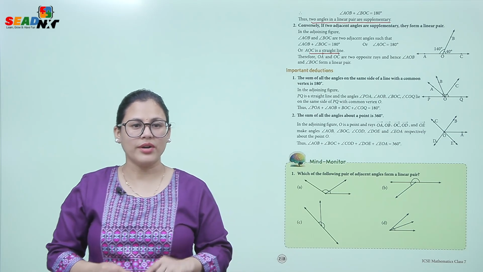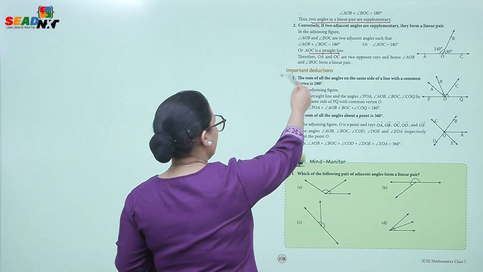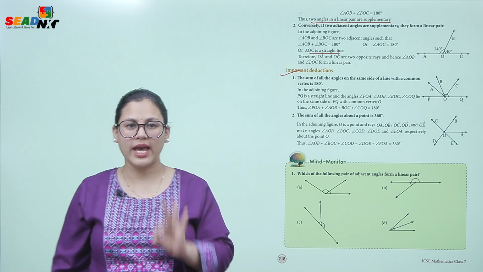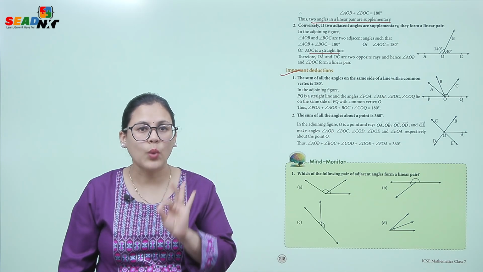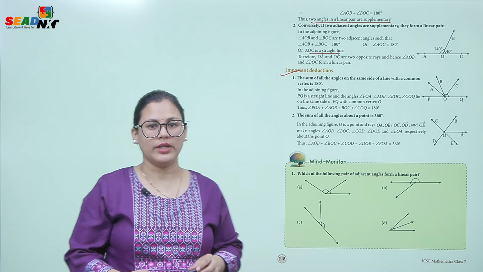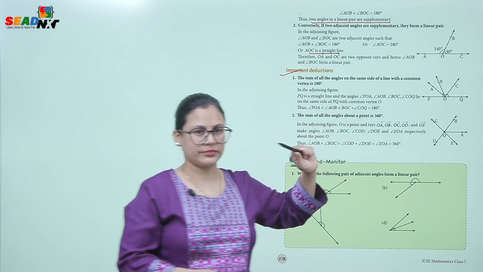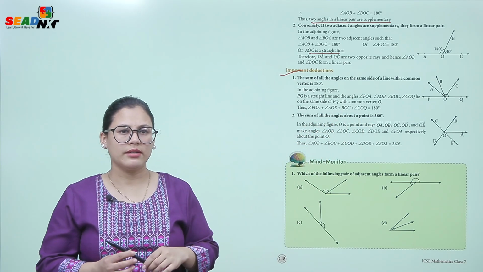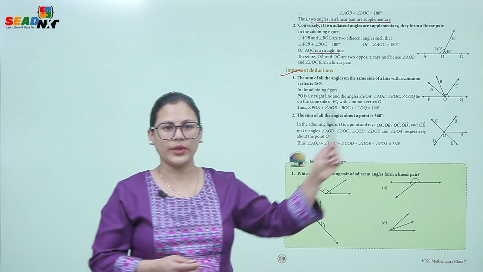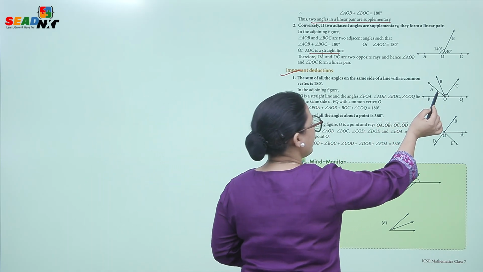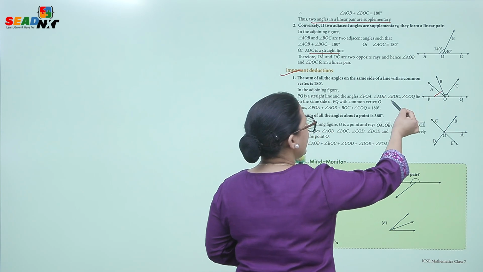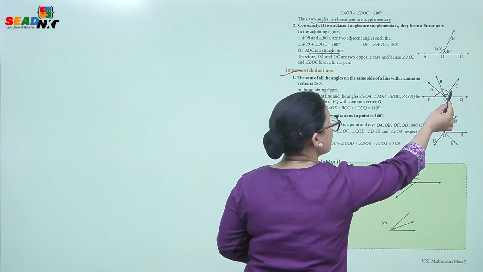Now, important deductions. Number 1, the sum of all the angles on the same side of a line with the common vertex is 180 degrees. In the adjoining figure, PQ is a straight line, and the angles are angle POA, angle AOB, angle BOC, and angle COQ.